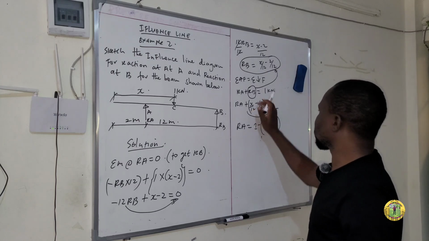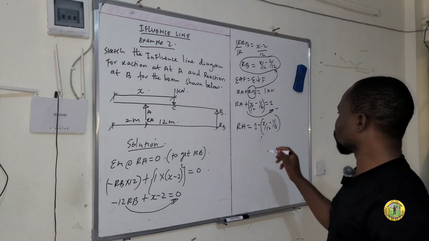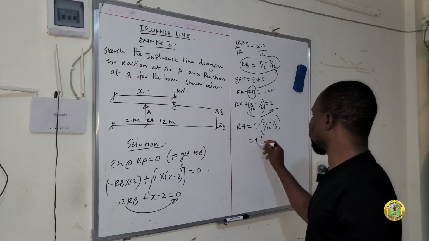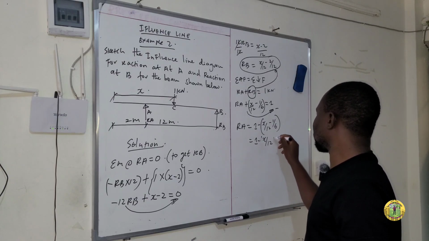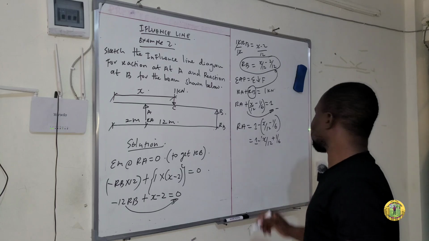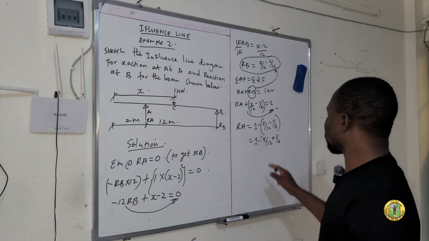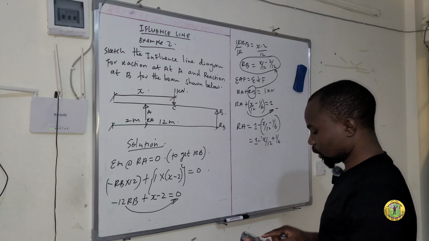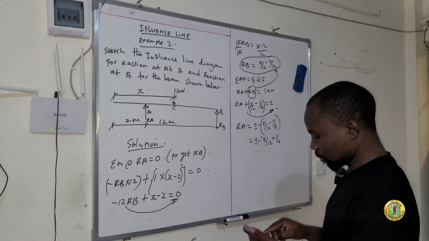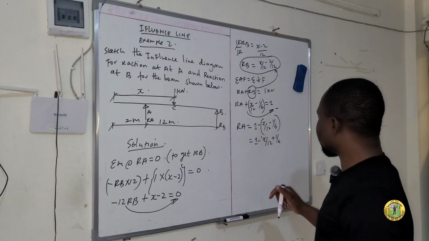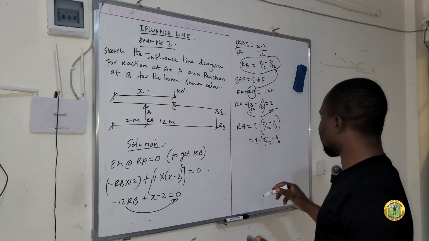The whole of this is crossing to the other side. So this one is equal to 1 minus x over 12 plus 1 over 6 when we open the bracket. So 1 plus 1 over 6 will be 7 over 6.